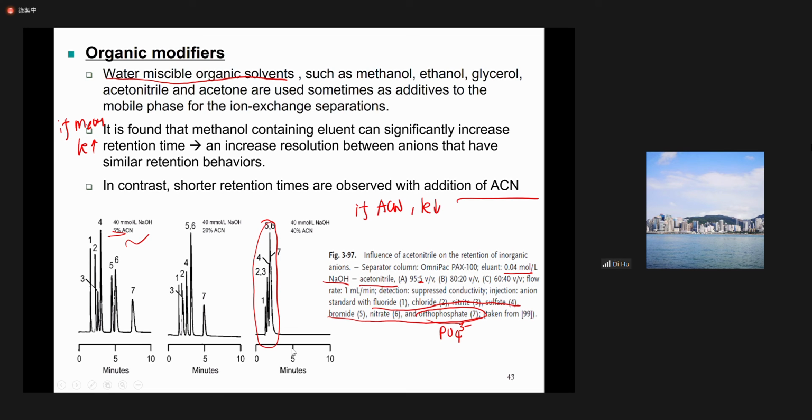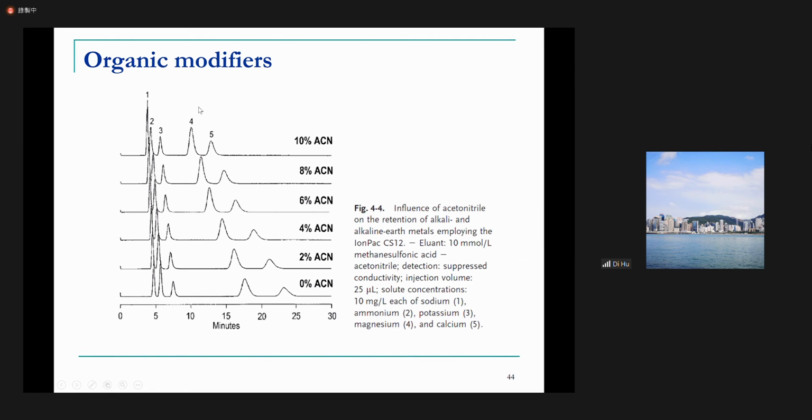But this may affect a variety of parameters. It's really hard to say. But anyway, if you use ACN, you can observe a decrease of the K value, but methanol will be increased. You can see the ACN number.